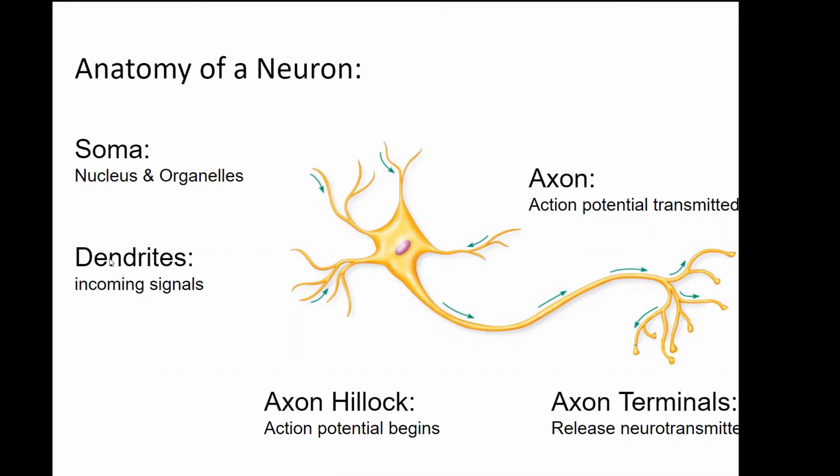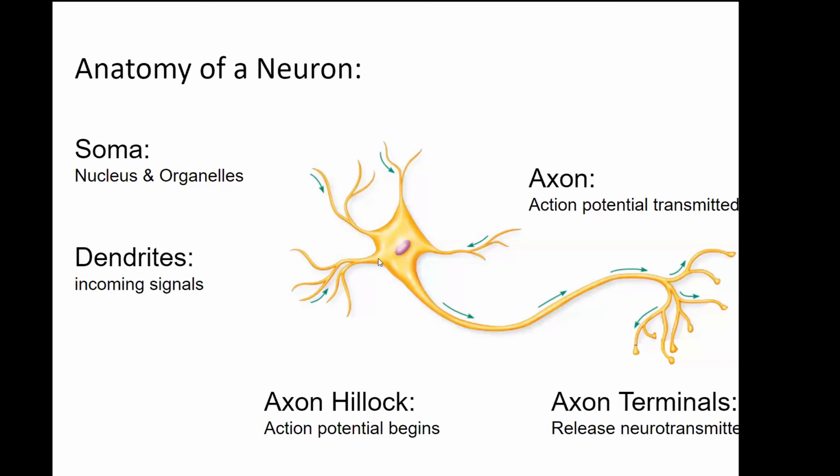We also have dendrites, these incoming signals. You can see in green these hairs or tendrils coming off the soma. Those are our dendrites, where signals come in and are delivered to the soma, the cell body. Then we have a whole apparatus that sends our signals out.